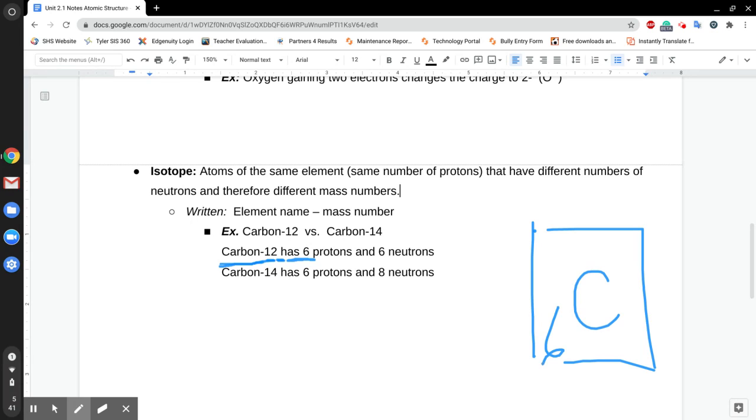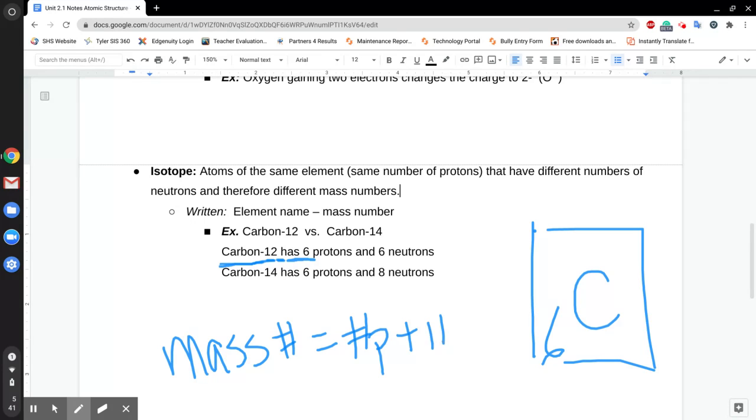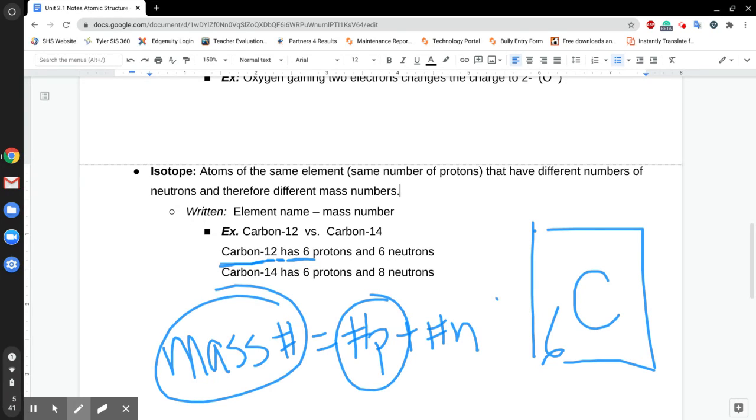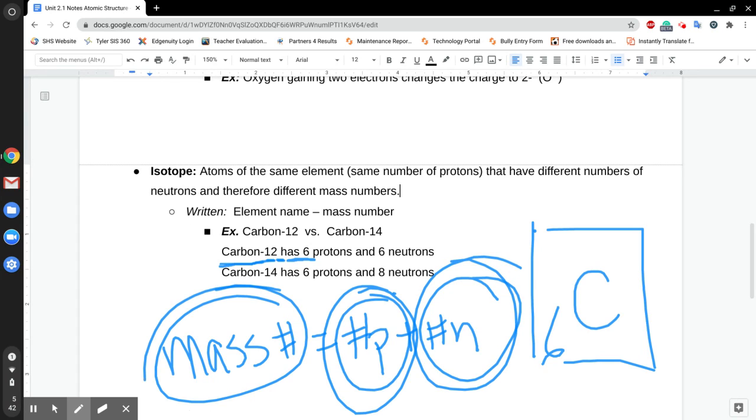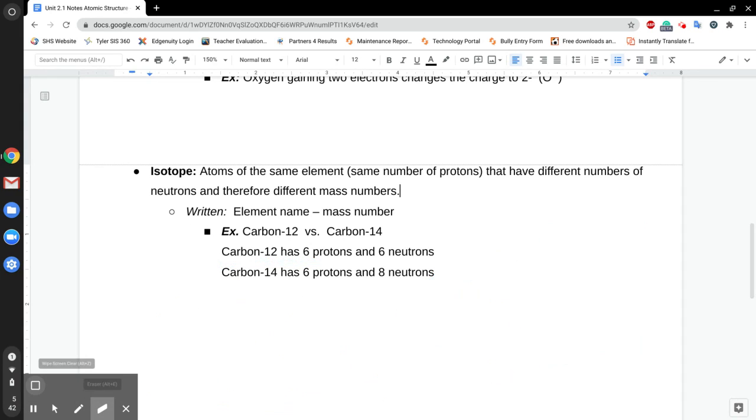Remember how we find the mass number? Mass number is equal to the number of protons plus the number of neutrons. So if we know the number of protons and the mass number, we can know how many neutrons we have. Or the other way around, if we know the number of protons and neutrons, we can find the mass number. And then we can write it out like we do here.